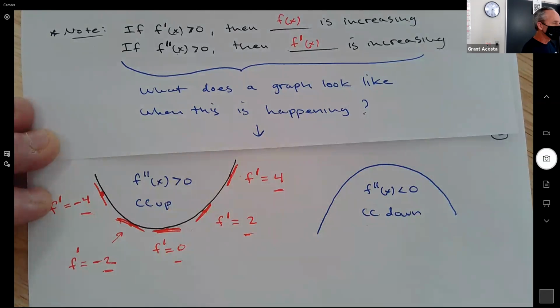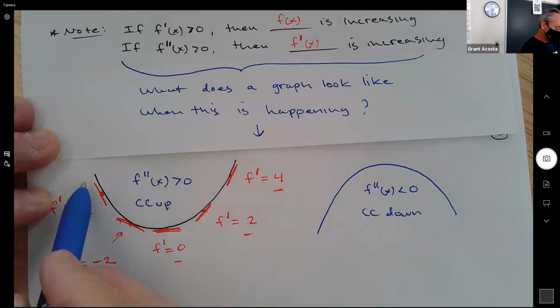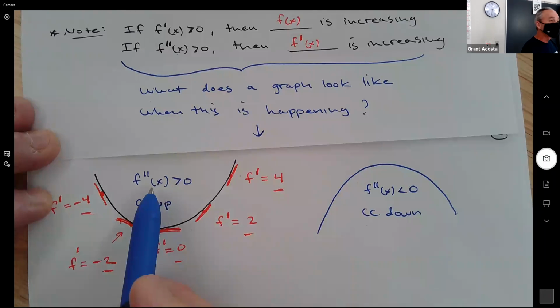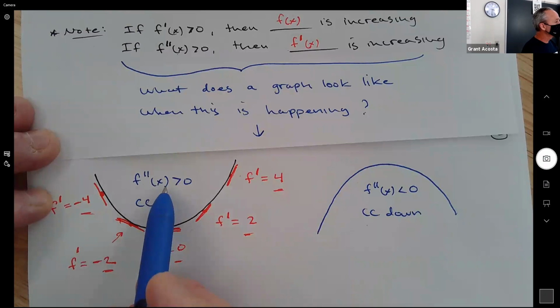Very easy to remember. You know how I remember this? When the graph looks like this, the second derivative is, what's another way of saying greater than 0? Positive. What do positive people do?